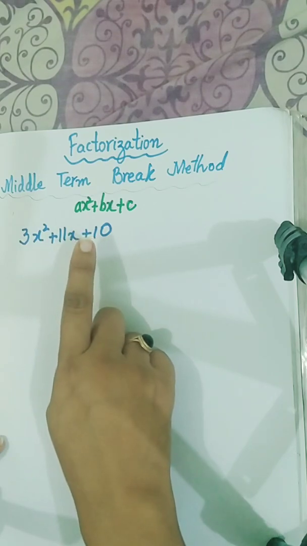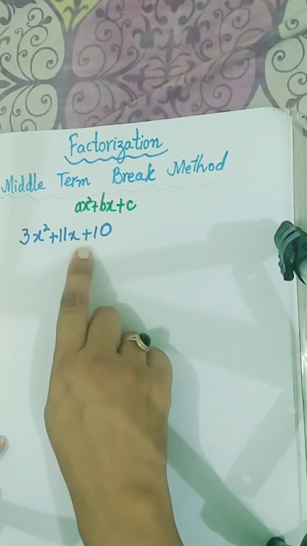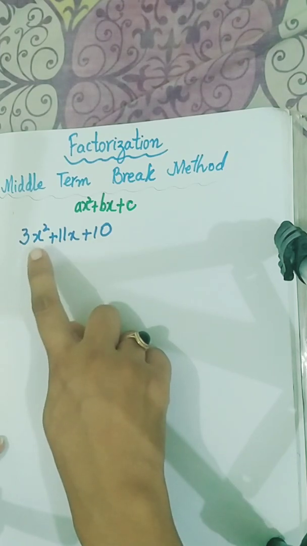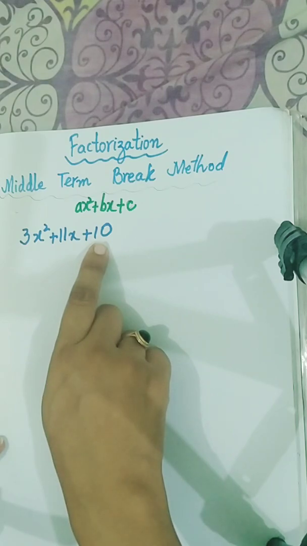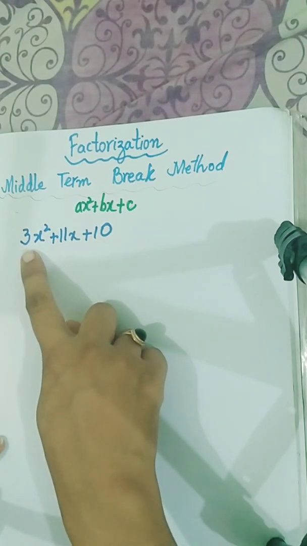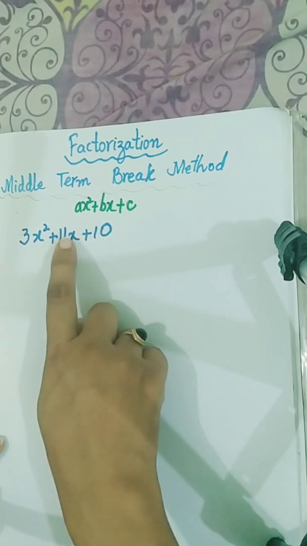We could apply a plus b whole square, the algebraic formula, but it is not possible because 10 is not a perfect square of any number, and 3 is also not a perfect square of any number. So we are going to split, or break, its middle term.